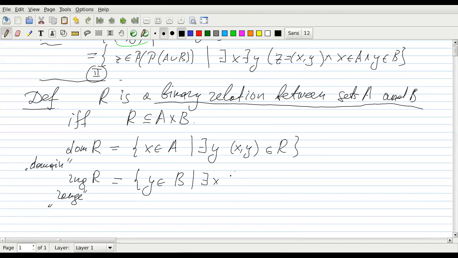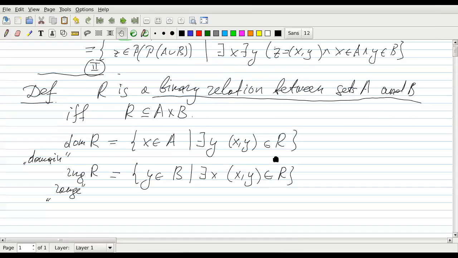So this is the set of all second coordinates of our pairs.